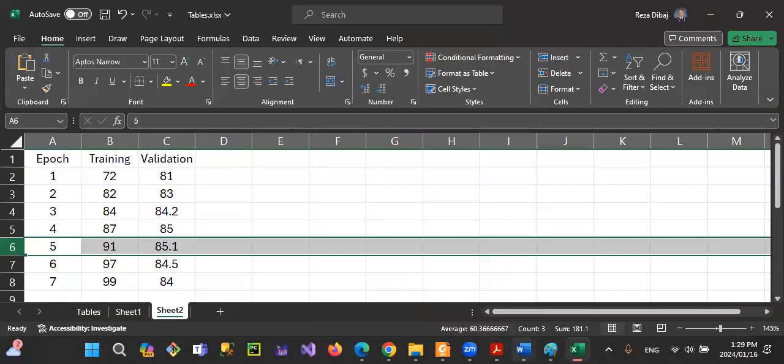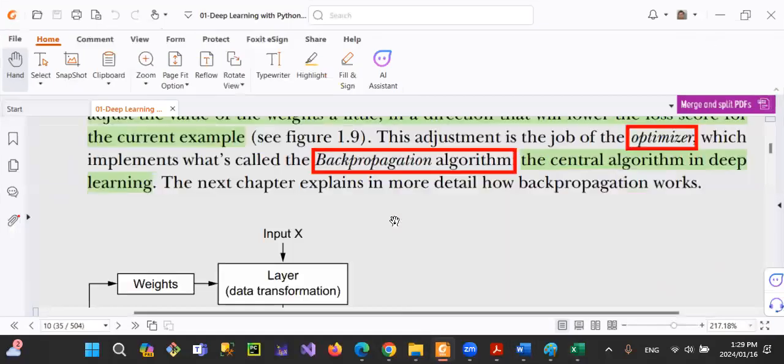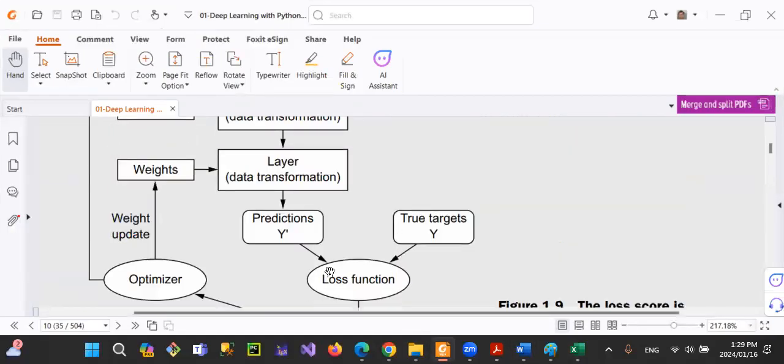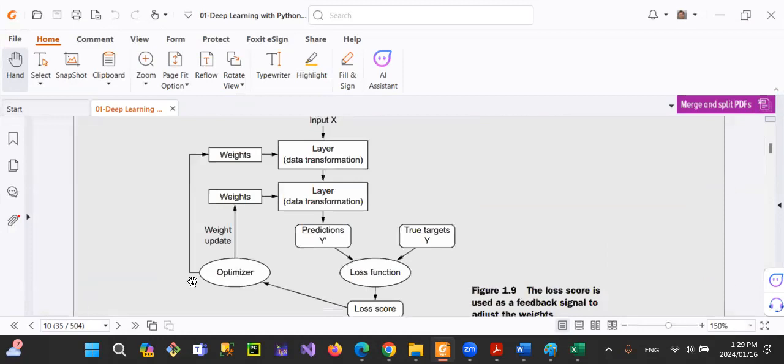The old book is not very accurate in these pictures. Look at the optimizer that we have. It shows that it changes all the weights. It doesn't show, I think the next version of the book should show that it is going to change the biases as well.